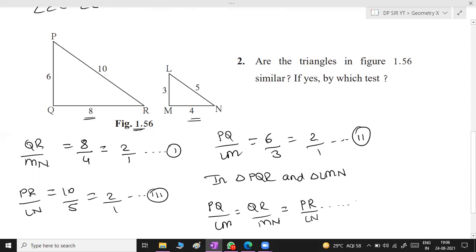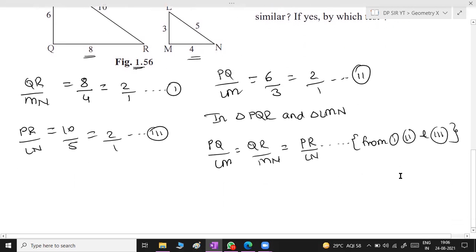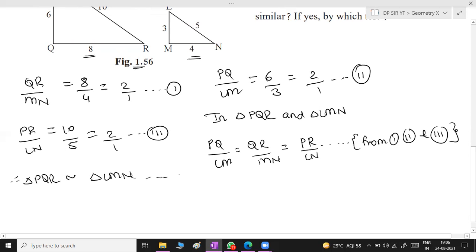The sides are in proportion as well as they are equal. This is from 1, 2 and 3. Okay. Therefore, triangle PQR is similar to triangle LMN using the triple S test of similarity.